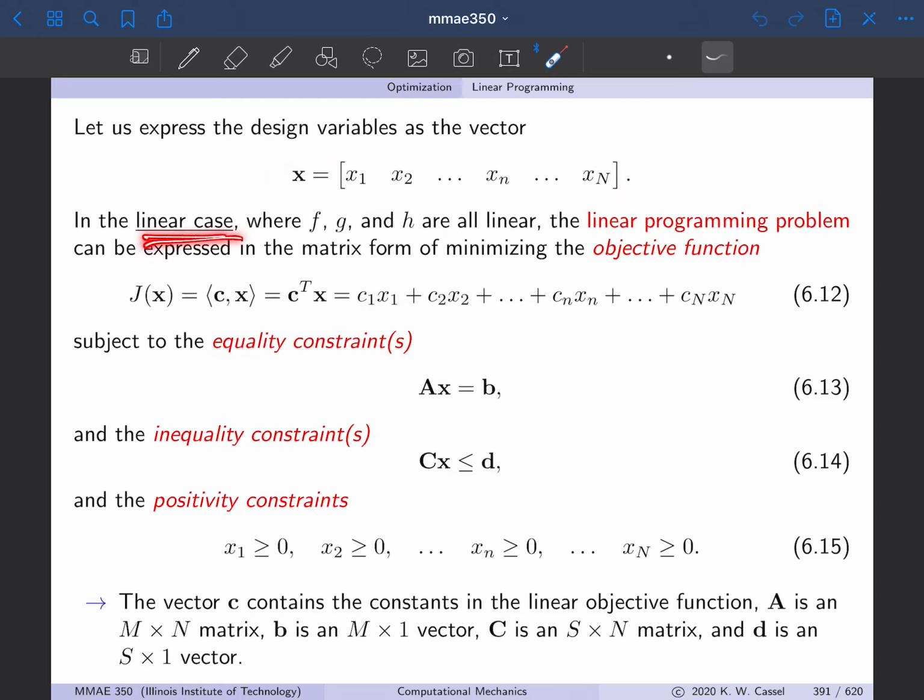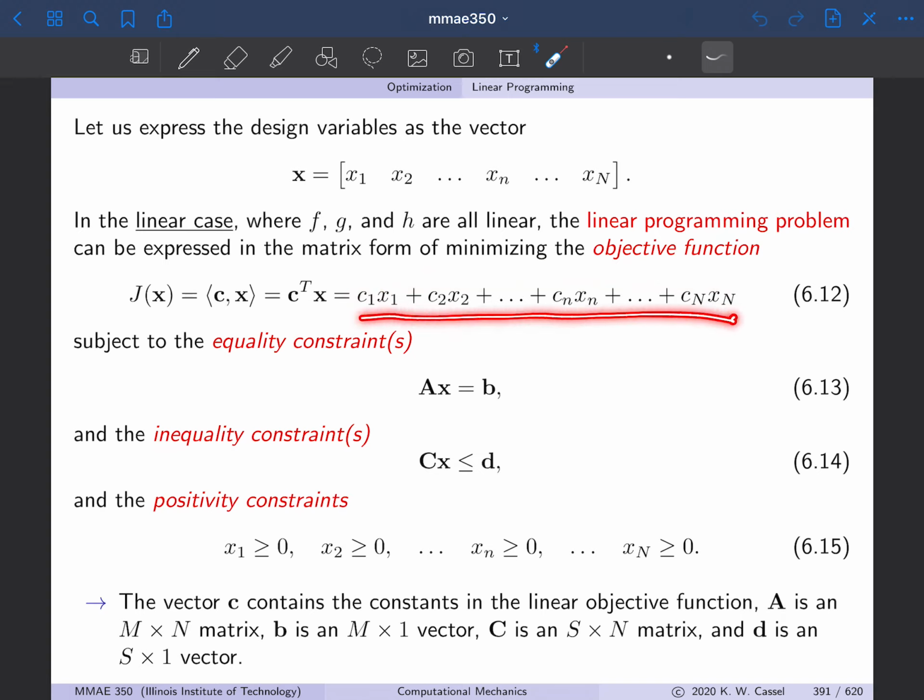And then in the linear case, where f, g, and h are all linear, we can express the objective function, J, as a linear function of the design variables. So you see just a constant times x1 plus a constant times x2, and so on. All of the terms in the objective function are just constants times a design variable. No squares, no x1 times x2, no sines of x1, nothing of the sort, because that would make it nonlinear.